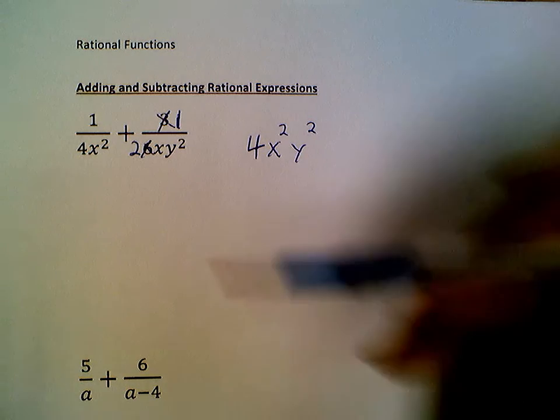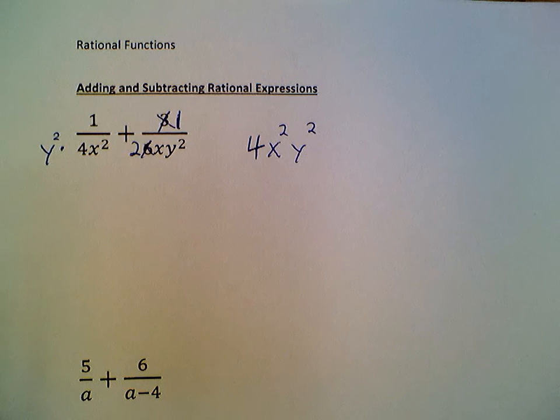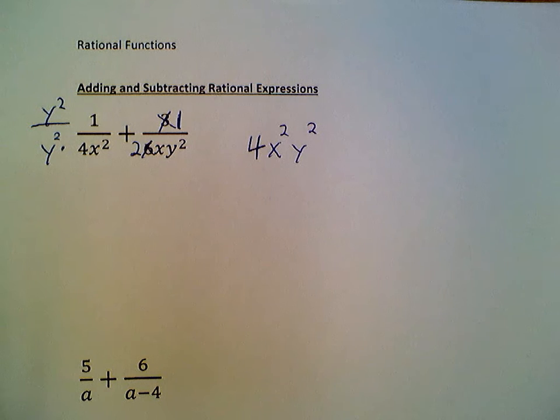So I'm going to need to multiply the denominator of this fraction by y squared. But of course, when you multiply a fraction's denominator by something, you also need to multiply its numerator by the same thing. Because when you're multiplying fractions to get a common denominator, what you really want to do is multiply by 1, so you're not actually changing what the fraction is. So I'm going to multiply the top and the bottom by y squared.